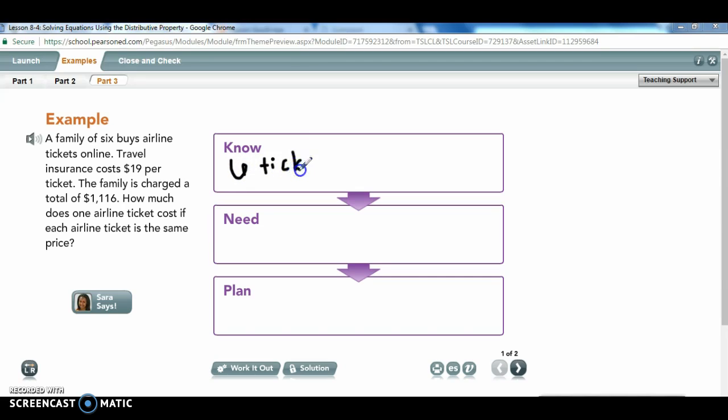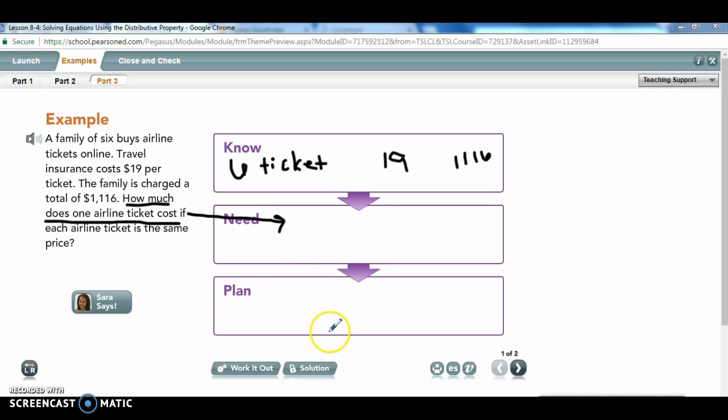I also know that insurance costs $19 per ticket. And I also know that they have a total cost of $1,116. I need to know how much one airline ticket costs.